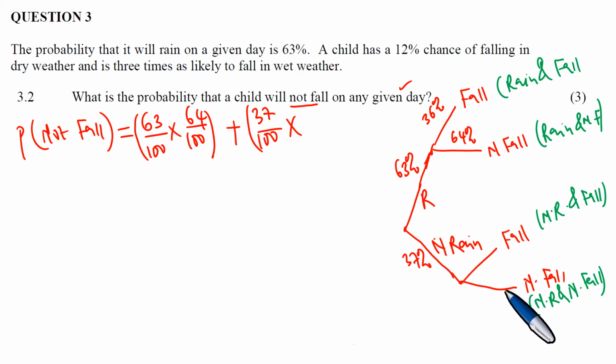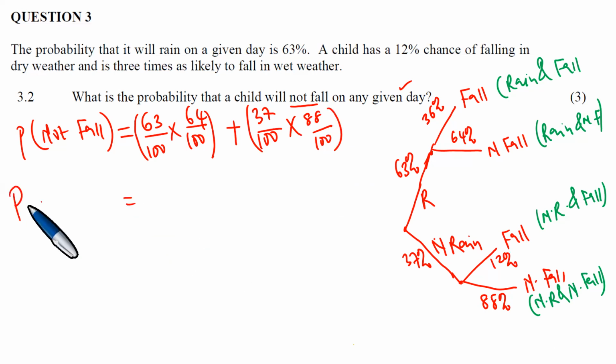Obviously we did this one here. It was 12% and 88% respectively. So it does not fall is like 88%, 88 per 100. The probability that the child does not fall.